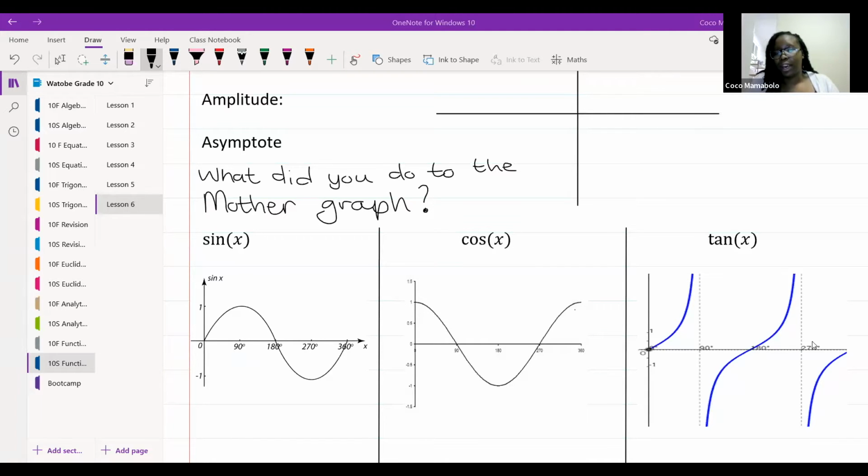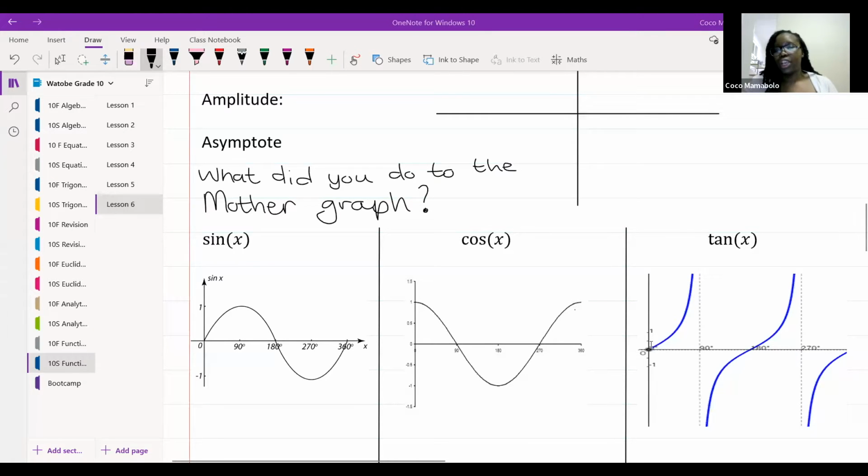I'm going to explain again, and we're going to be looking at exactly what these graphs look like. You can take a screenshot of the graphs that we have on the screen at the moment, because we're going to be looking at the exact same graphs, but we're going to be moving them around.